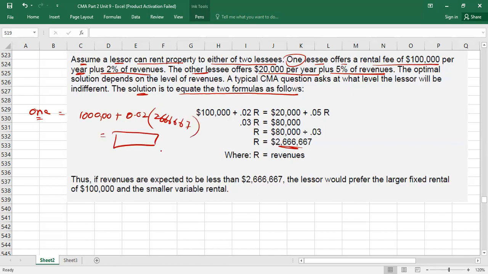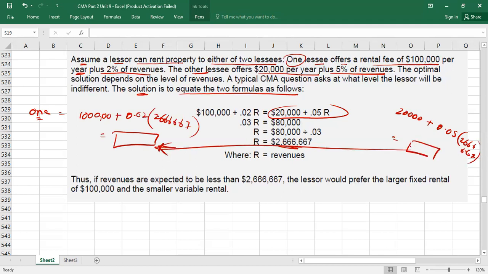Solve the other side of the equation also: fixed rent of 20,000 plus 0.05 of revenue, where revenue is 2,666,667. You can solve on your calculator and both answers will be the same. It means at this amount of revenue, both options give you the same rental income, so you are indifferent.